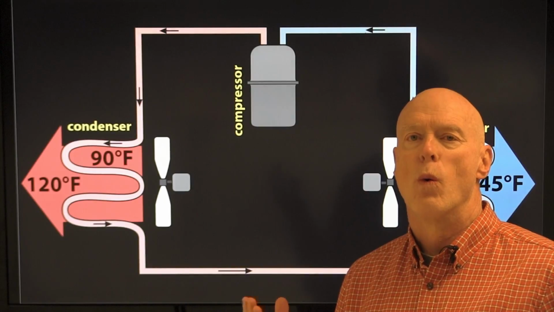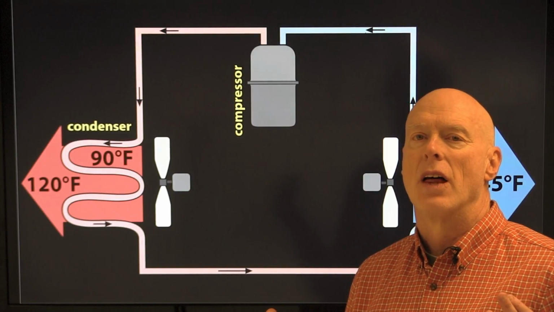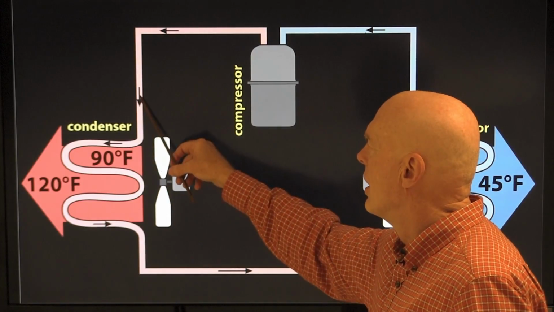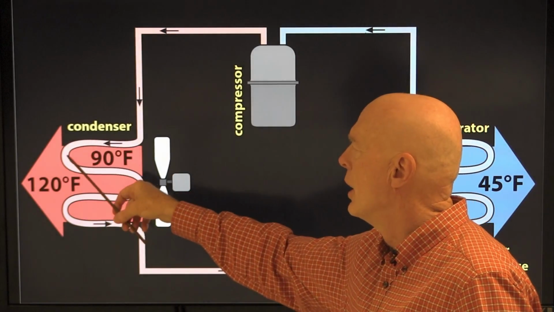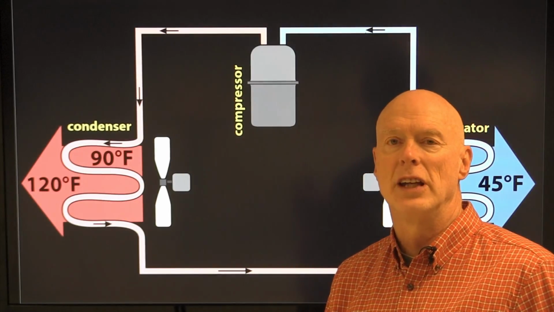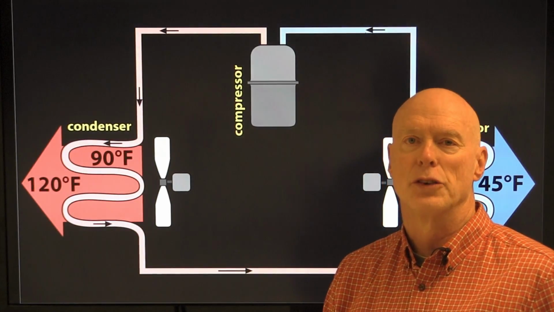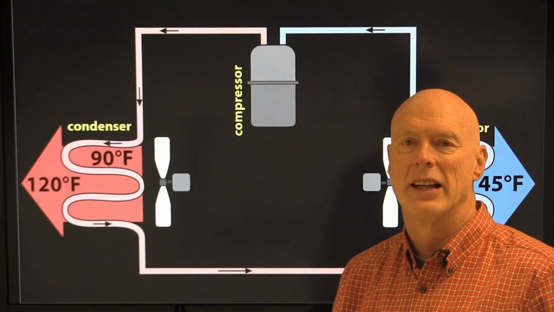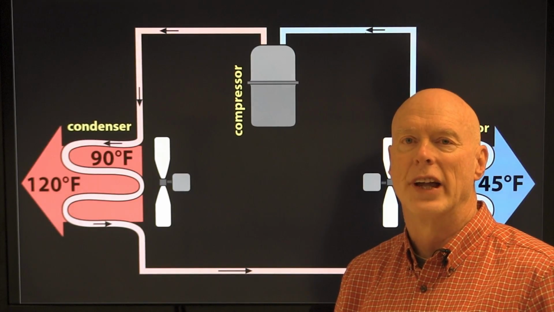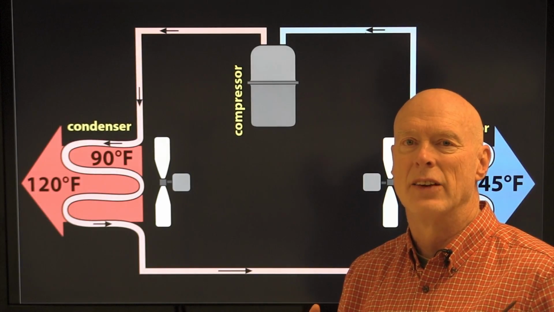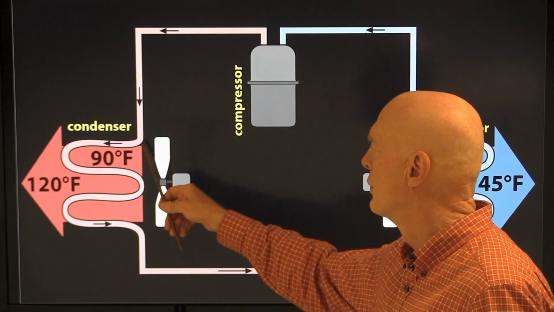So what makes the refrigerant give up its heat? Well, this hot gas coming in here turns to a liquid. It's like steam in a radiator turning back to liquid water: it releases all that heat that we call latent heat that was contained in the water. And that's the same thing the refrigerant does.